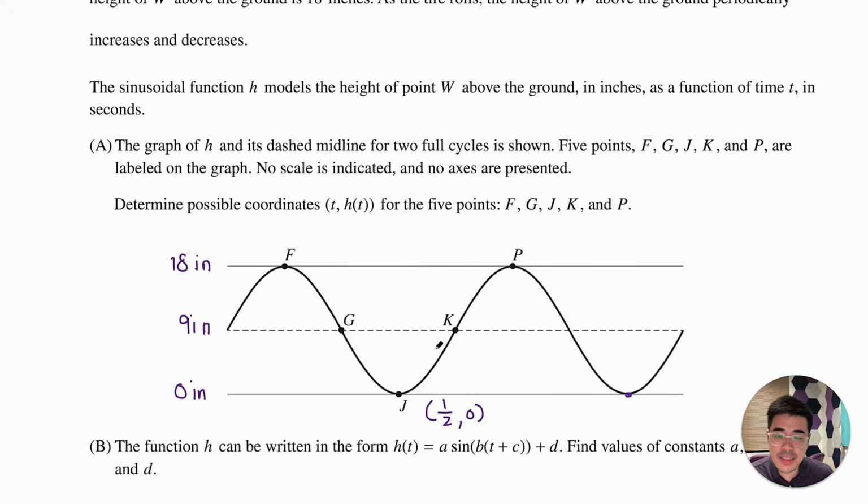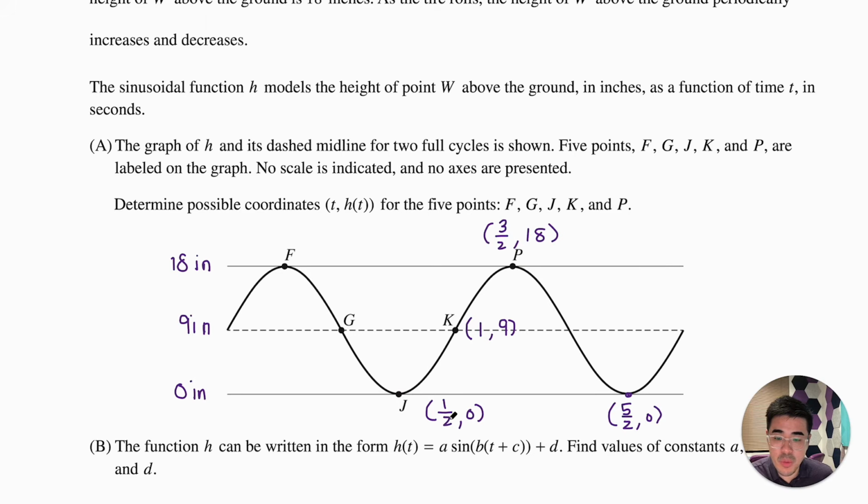Now the question says it takes a full revolution and then hits the ground again at 5/2 of a second. So by subtracting these two, we can understand that the period of the sinusoid is 2 seconds across. So then this peak would occur after 1 second. The max value occurs at (3/2, 18). And then this point would be (1, 9), right?